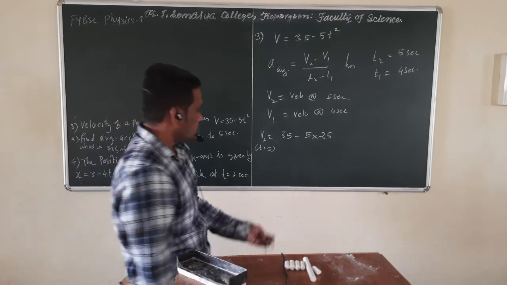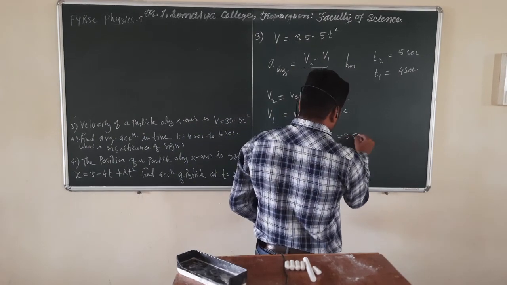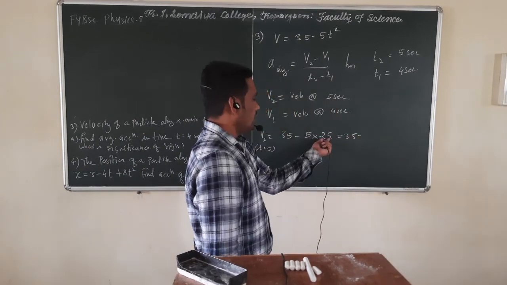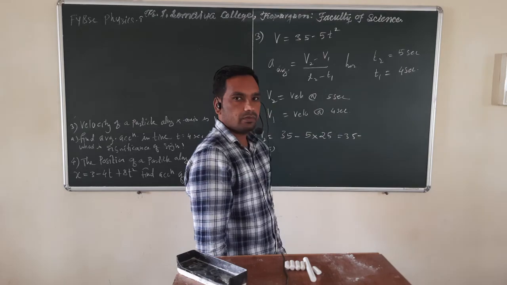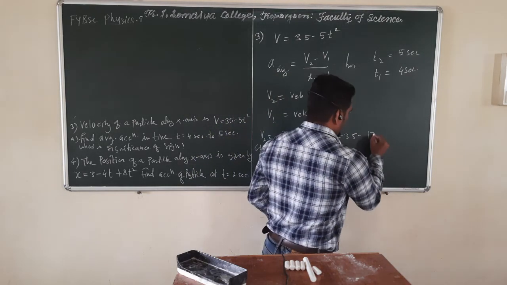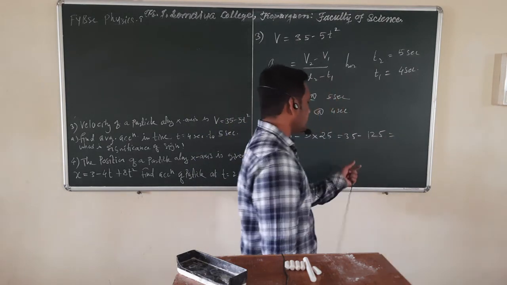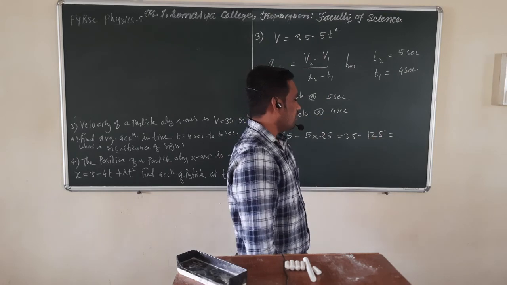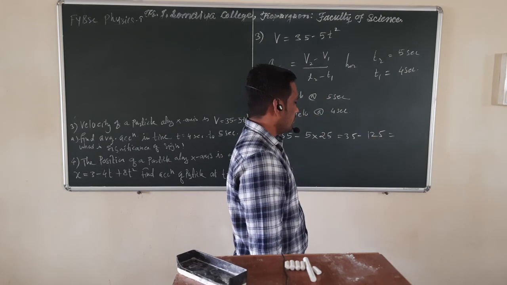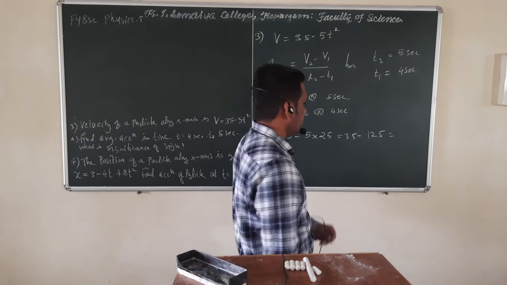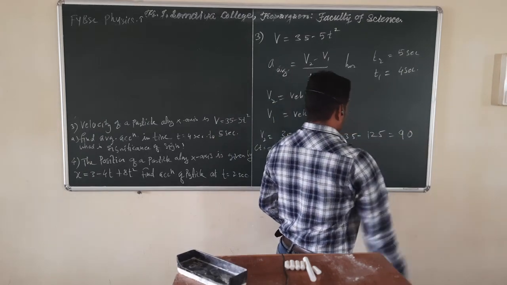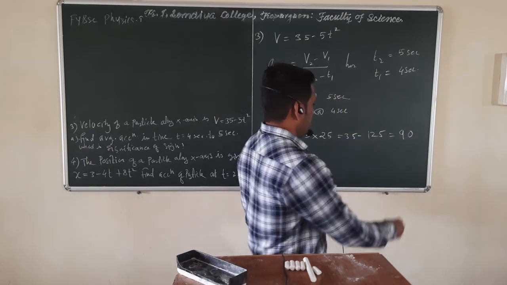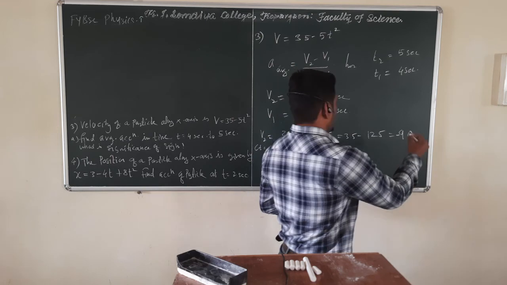So this is equal to 35 minus 25 into 5, which is 125. If you subtract 125 from 35, which is 90, with negative sign, meter per second.